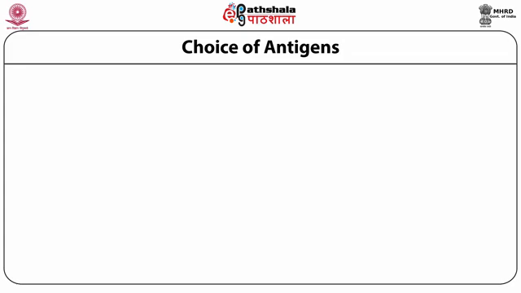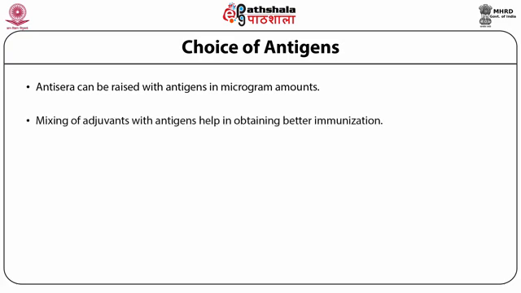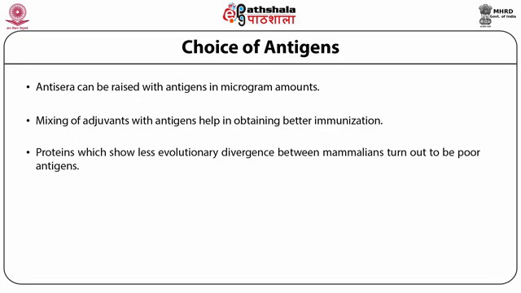Under the best conditions, that is the optimized conditions, antisera can be raised with antigens in microgram amounts. Mixing of substances which are called adjuvants with antigens helps in obtaining better immunization. Proteins which show less evolutionary divergence between mammalians turn out to be poor antigens. That is because their foreignness is very limited in terms of their structure.